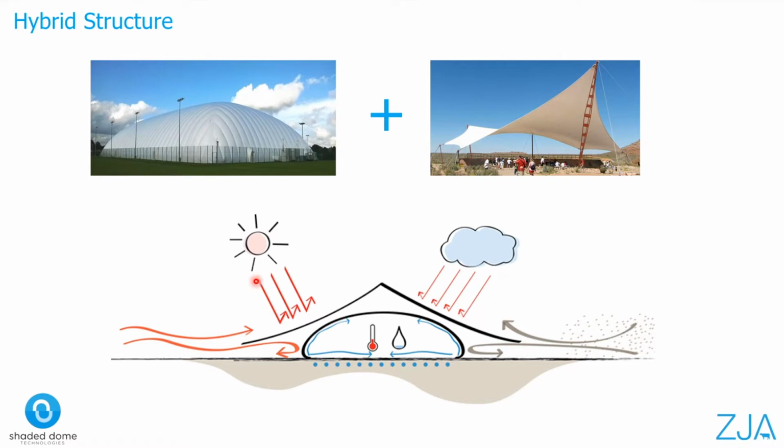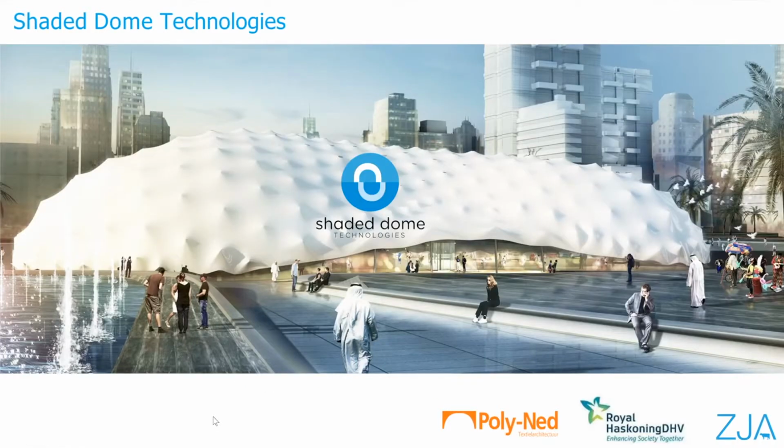The combination of the dome and the shade forms a hybrid structure, which we call the shaded dome. Three Dutch companies, ZJA, Royal HaskoningDHV and Poly-Ned, teamed up and took up the challenge to develop an eco-friendly, semi-permanent and innovative idea. One of the key drivers was being able to quickly assemble and disassemble a shaded dome within a matter of just 2 to 3 weeks.